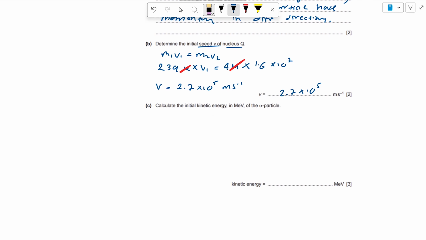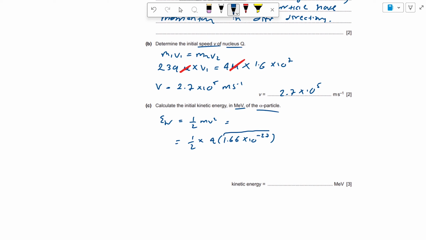Okay, so we now need to calculate the kinetic energy of the alpha particle in MeV, which is mega electron volts. Ek is equal to half mv squared, which is half times 4 times 1.66 times 10 raised to the power of negative 27.